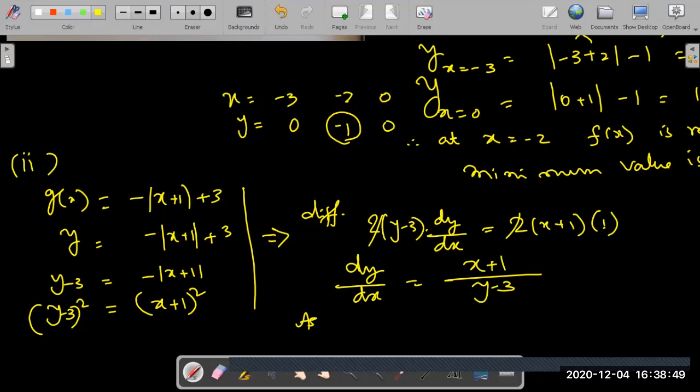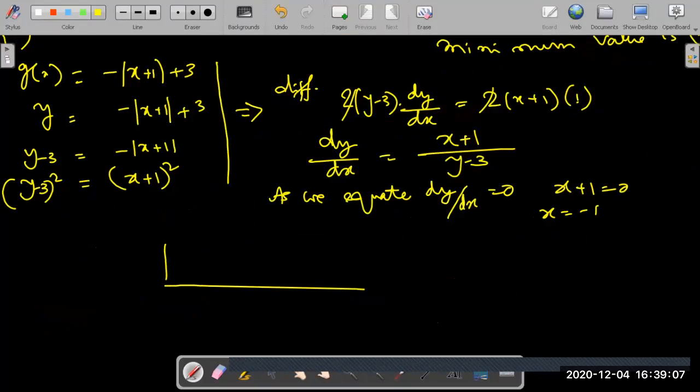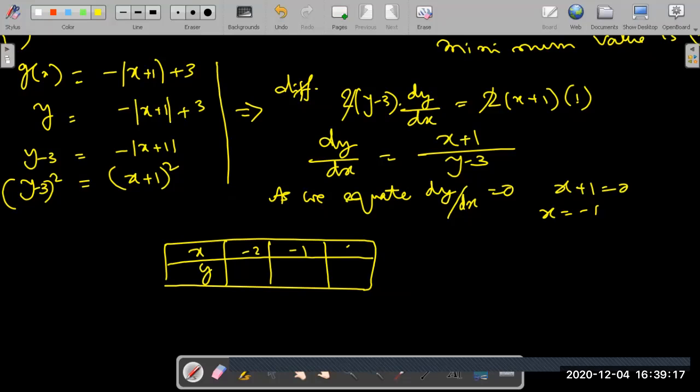As we equate dy by dx to 0, then we have x plus 1 equals 0 and x equals minus 1. So we have to now try three values: x equal to minus 2, minus 1 and 0.